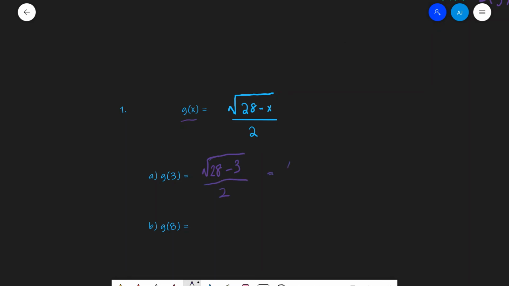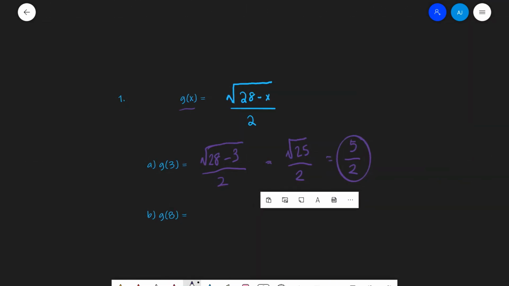And if you solve this, it would be square root of 25, because 28 minus 3 is 25, over 2. Now, you could simplify this further because the square root of 25 is just 5. So your result would be 5 halves, or 2.5, depending on how you would write it.